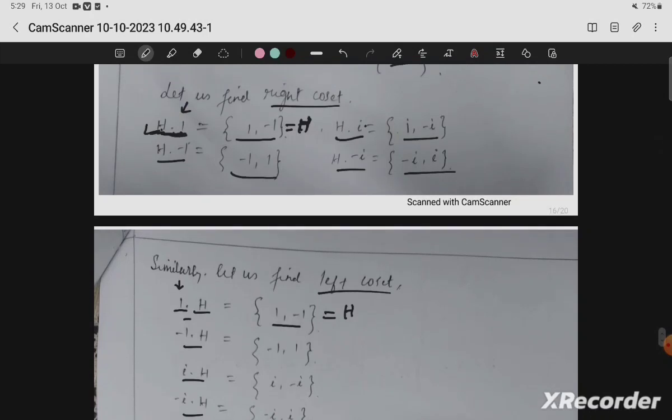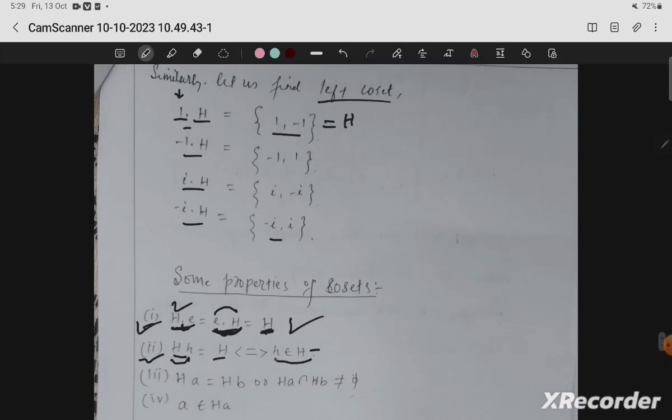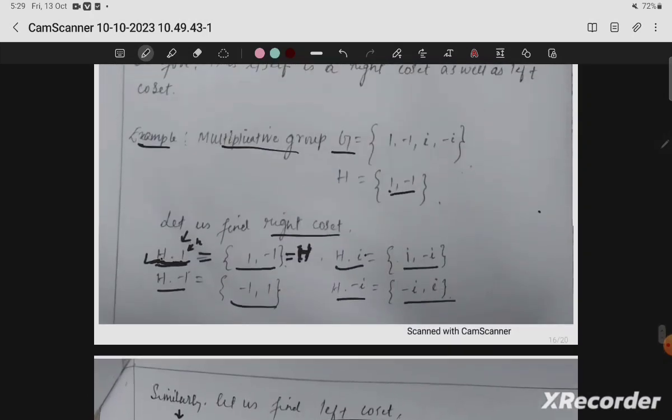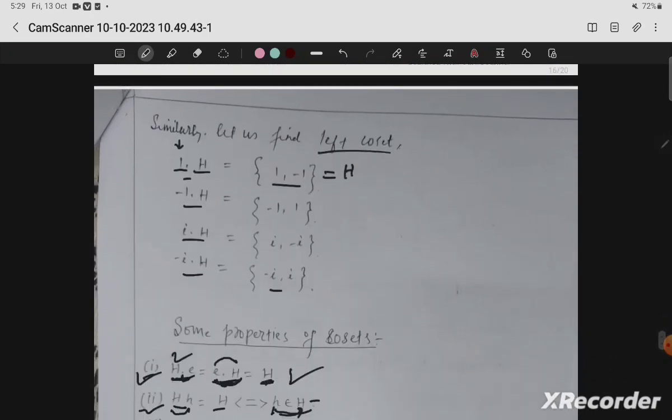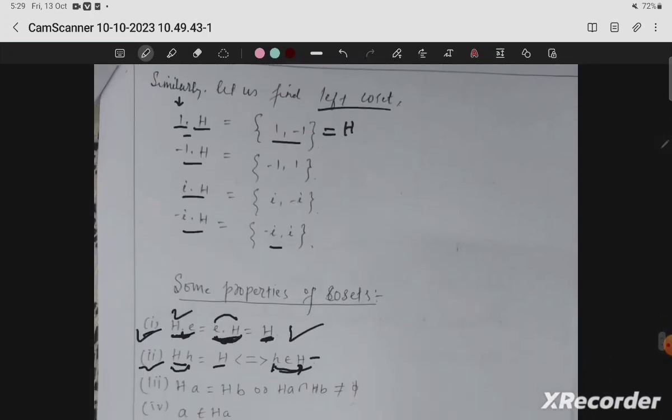If we consider this as h, then we can see that this is giving us H, and the property is saying that if and only if this h belongs to H. We can see that this one belongs to H, which is satisfied. So the second property is also satisfied.